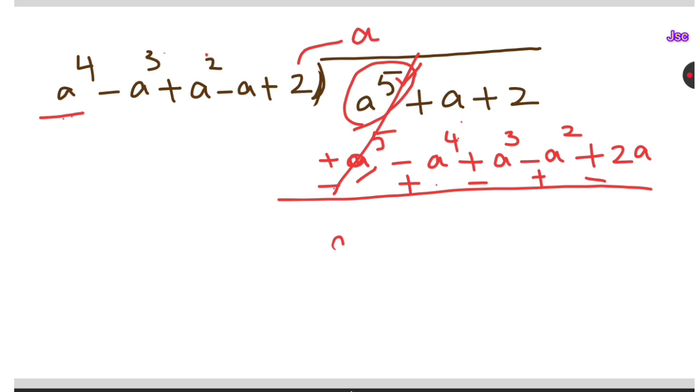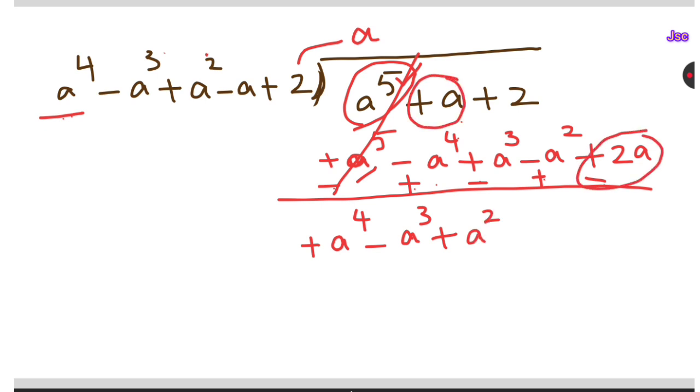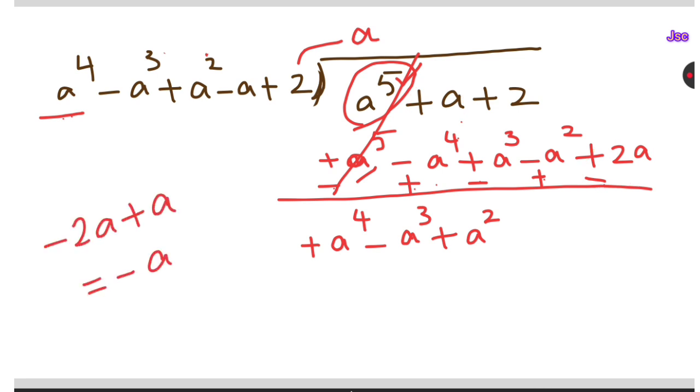Let's take only that: A raised to the power of 4 plus A raised to the power of 4, and here we have minus A raised to the power of 3, and here we have plus A raised to the power of 2, minus 2A plus A, which gives minus A. So just write minus A, and now we have the constant term, that is plus 2.